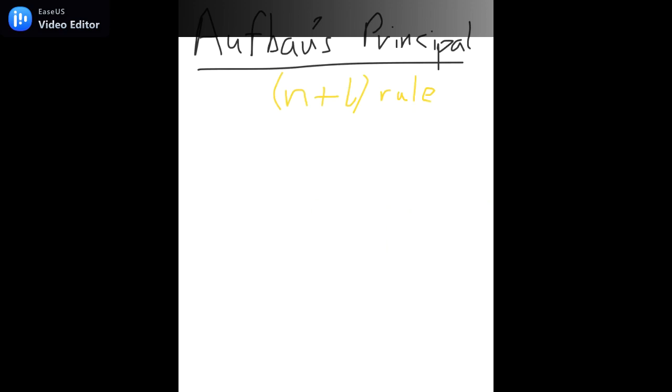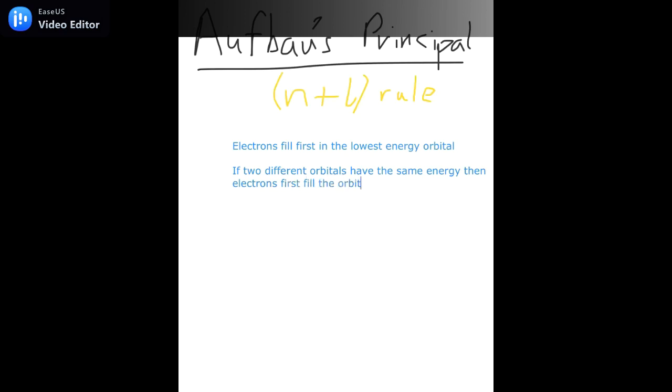According to Aufbau's principle, electrons fill first in the lowest energy orbital, and if two different orbitals have the same energy, then electrons first fill the orbital with the smaller value of n.